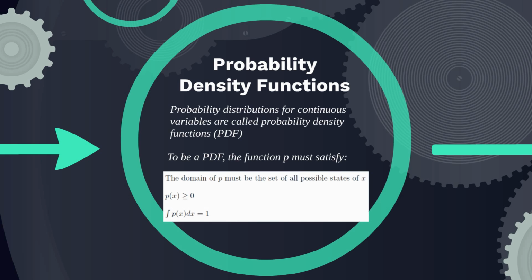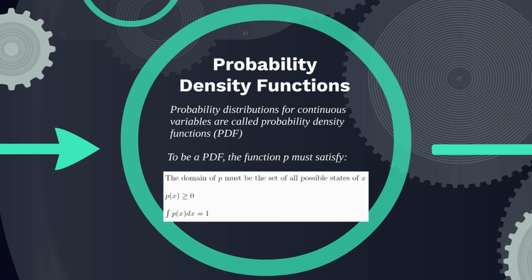So to be a probability density function, you have to satisfy the 3 criteria, very similar to the probability mass functions. Now we write the probability density function as a lowercase p instead of a capital P, and the domain of p must be all the possible states of x as well. But notice that we have no requirement that the probability distribution is less than or equal to 1.